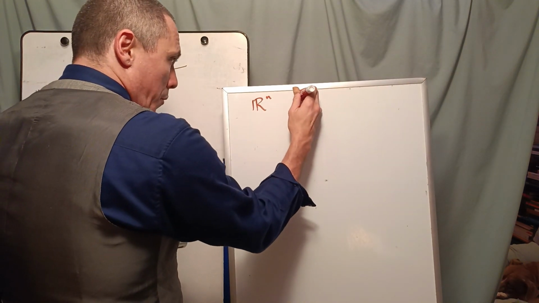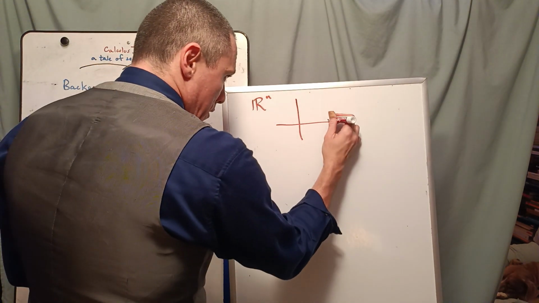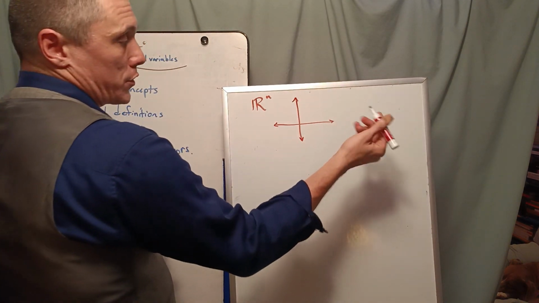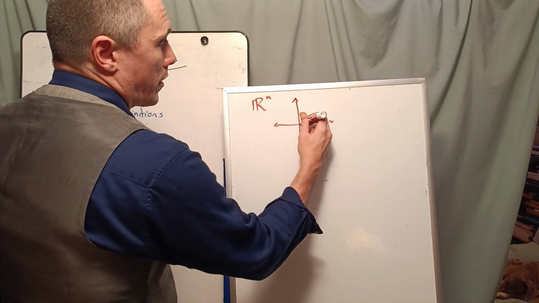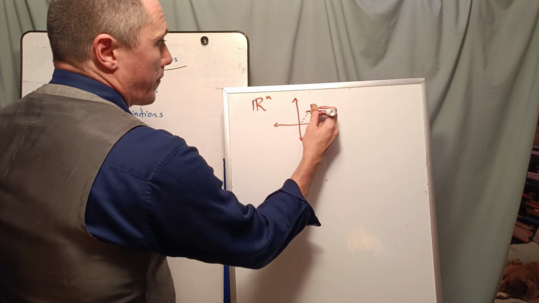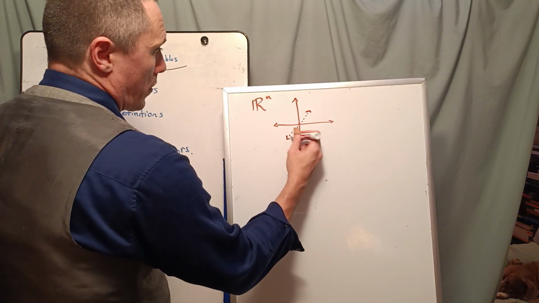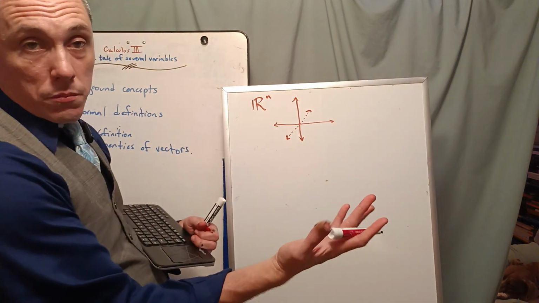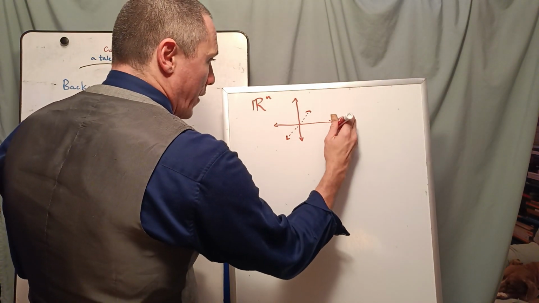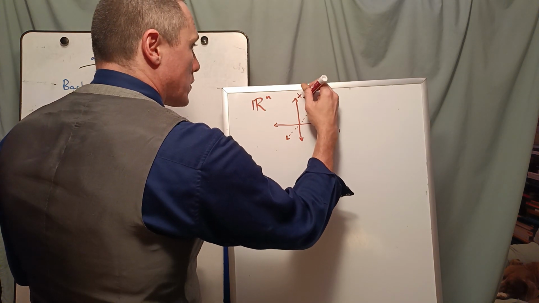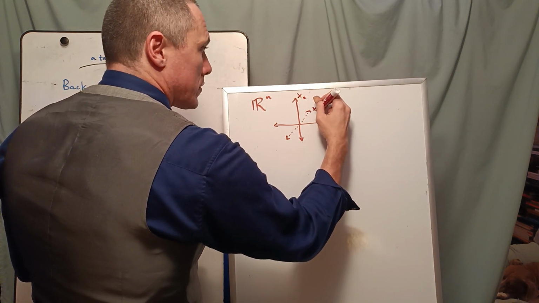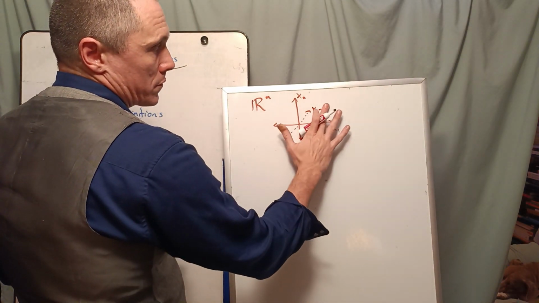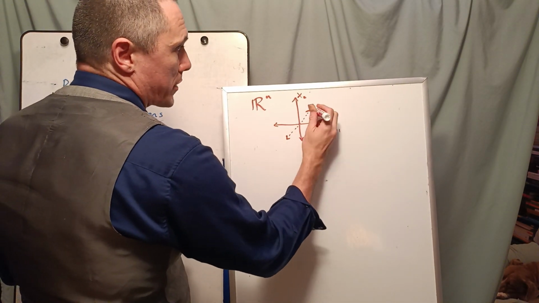So oftentimes what we'll see is just a 2-dimensional one drawn, and then maybe several indicated by some other axis. So they might call this x1, x2, and x3 to xn. Or maybe just xn.